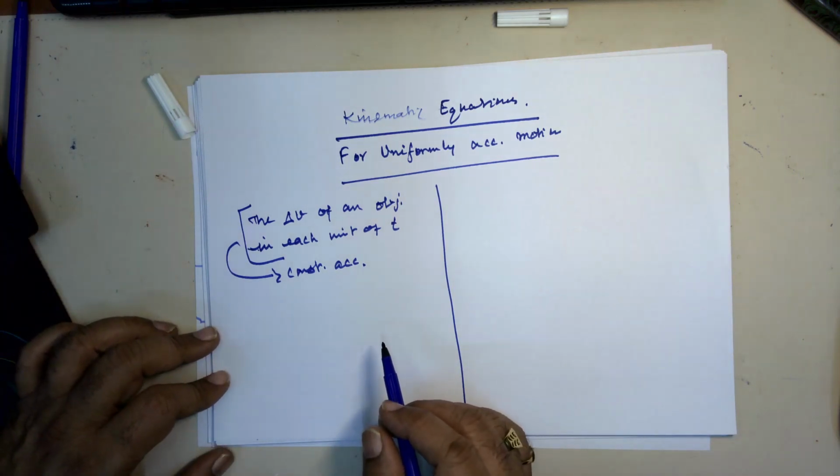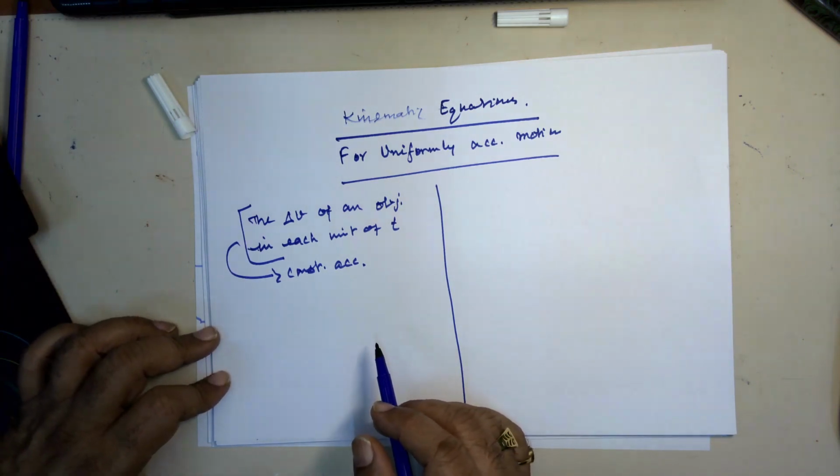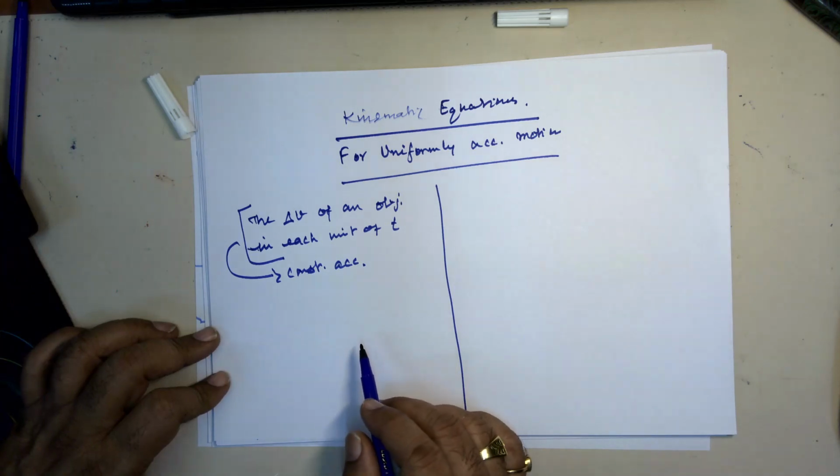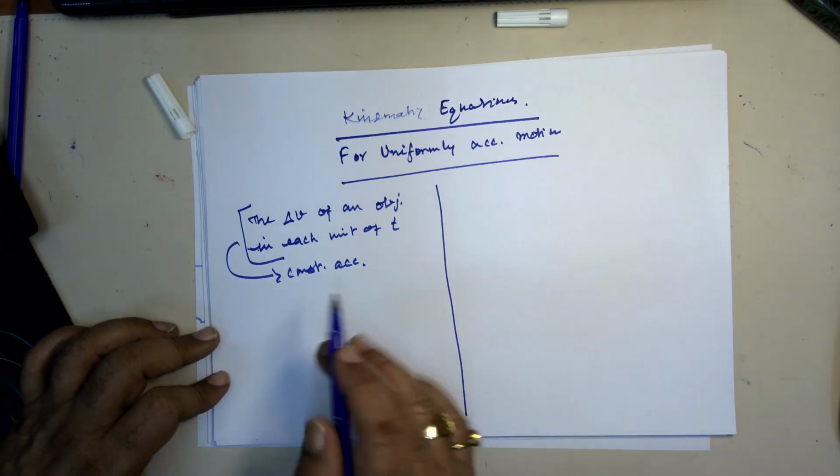And such motion is called uniformly accelerated motion.